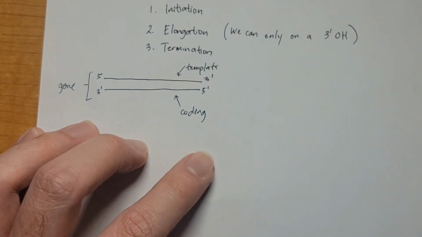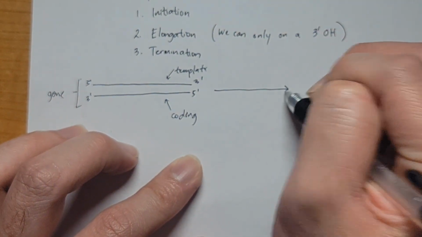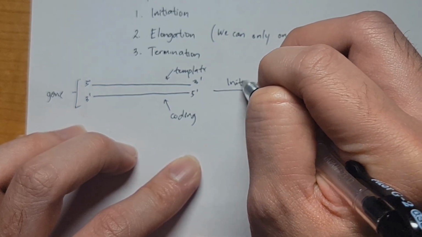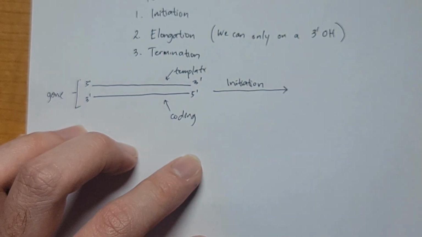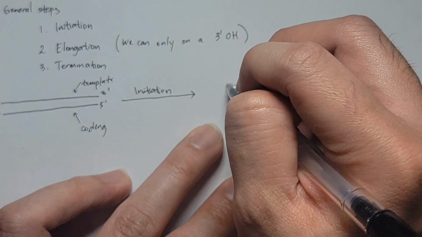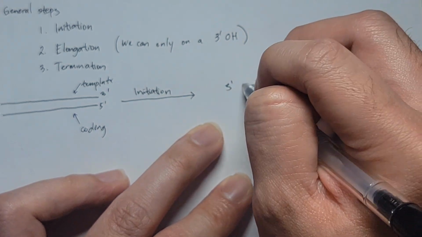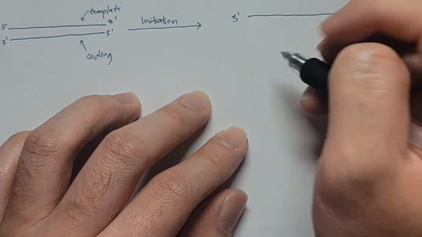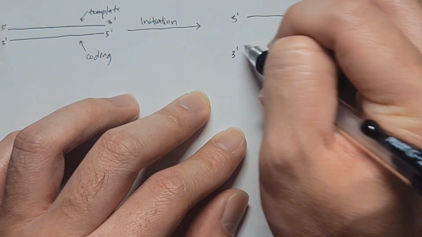Now, during initiation, the strands will open up. I'm just going to make them widely apart from each other as a sign of them opening up.